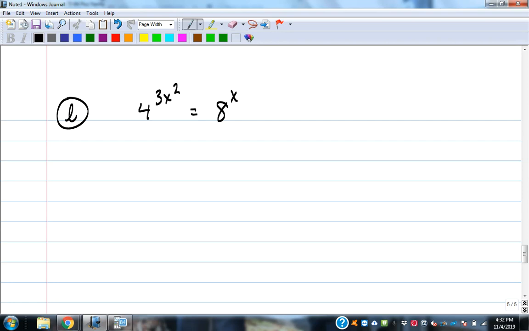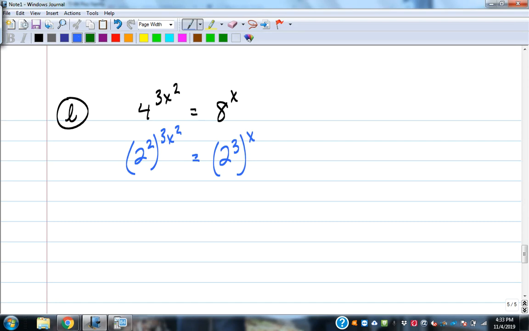And we've kind of already done one that had these same two bases. So we need to change them into a base of what? 2, yeah, because that's the prime number that goes into both of those. We know 4 is 2 squared. That's 3x squared there. And then we know 8 is 2 to the 3rd power.